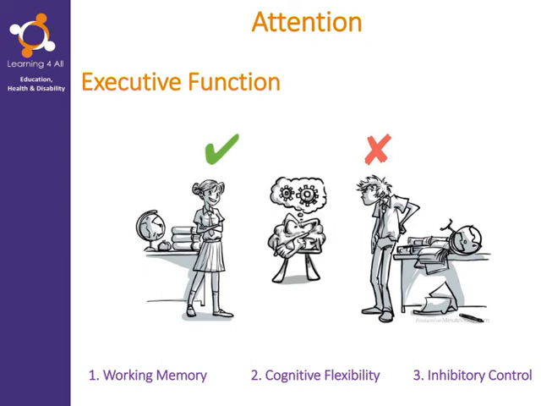Inhibitory control is the idea that our brain can control our behaviours. It can stop our behaviours. We often think of inhibitory control as being able to stop. So a child that keeps going even though you've asked them to stop something is an example of poor inhibitory control. However, inhibitory control is also responsible for our brain being able to start things. And a lot of the children that are having difficulties in class have difficulties because their brain finds it very difficult to start something.